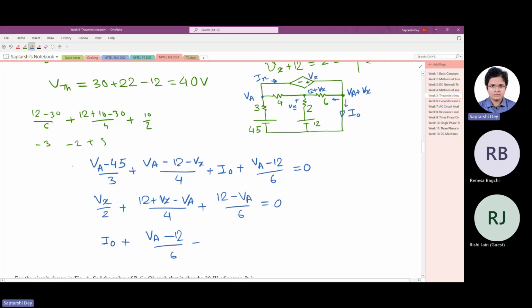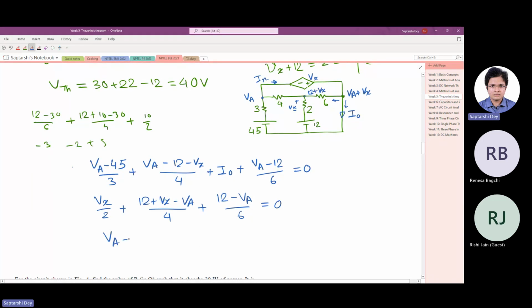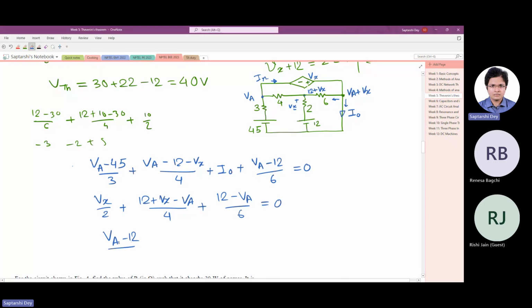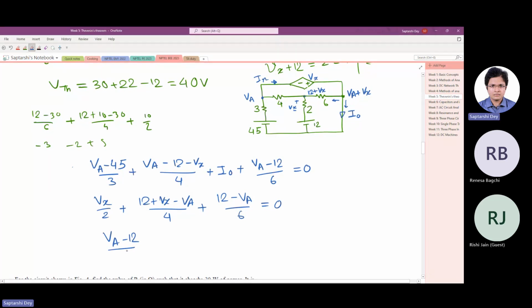Okay, one more equation we can write from here by applying KVL on the top loop. So we know the current going in this way, VA minus 12 by 6.